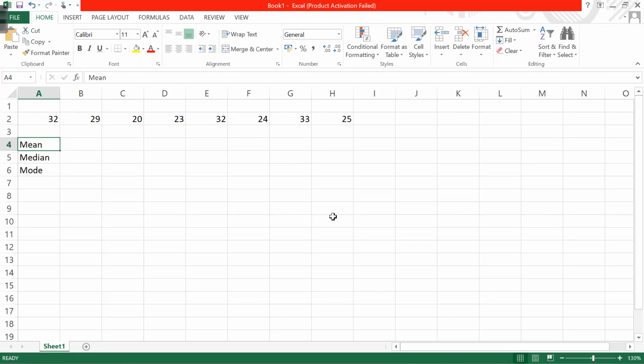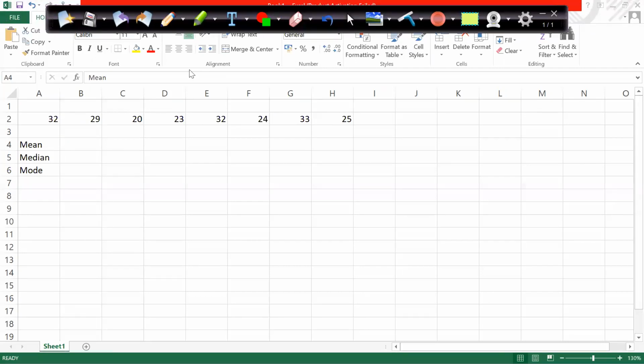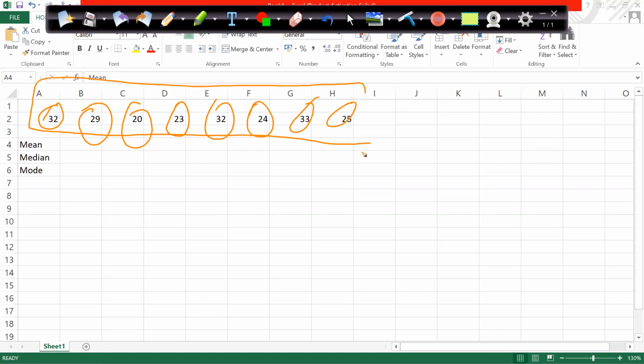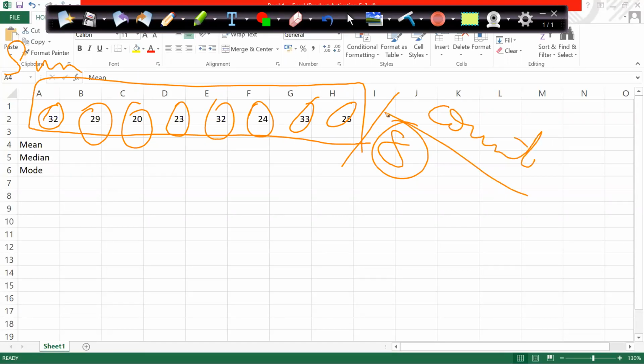I'll sum up all these values to get the total sum, and then divide it by 8. So we have 32, 29, 20, 23, 32, 24, 33, and 25. Total comes out to be 8 values, and I have to divide the sum of all these by 8, which is the count of the number of records, and that is what my arithmetic mean is all about.